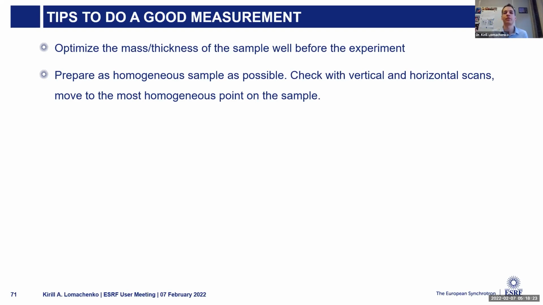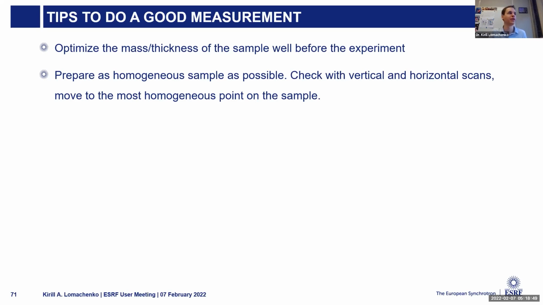Because of the thermal expansion, the cell can move when the temperature of the sample changes. And if your sample is not homogeneous, you will see artifacts and distortions in your data, or in the best case, you'll just see increased noise when the cell moves. So at different temperatures, you come to a different spot on the sample, which may be not a very good spot. So it has to be avoided.